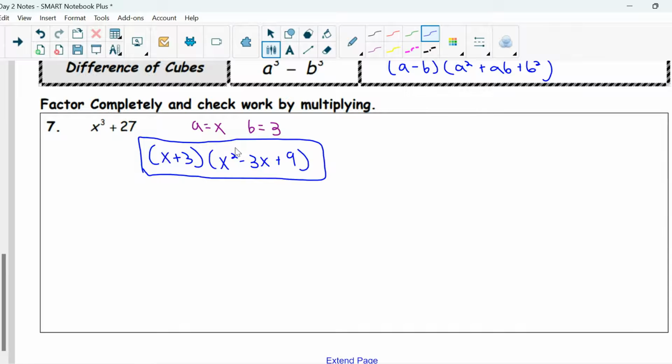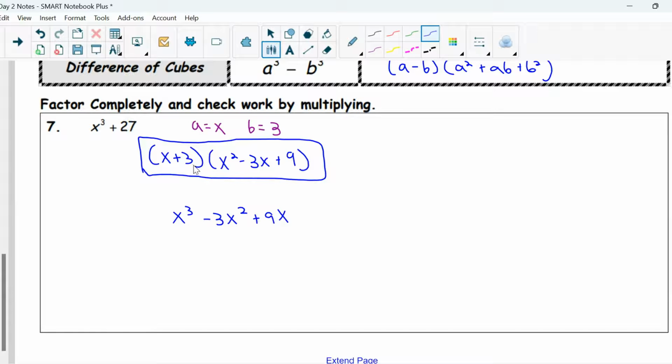Remember, you would multiply your first term to each of the terms in the second factor, and then you would do the same with the second term. So I take x times x squared, which gives me x to the 3rd power, x times negative 3x gives me negative 3x squared, and then x times 9, which gives me 9x.